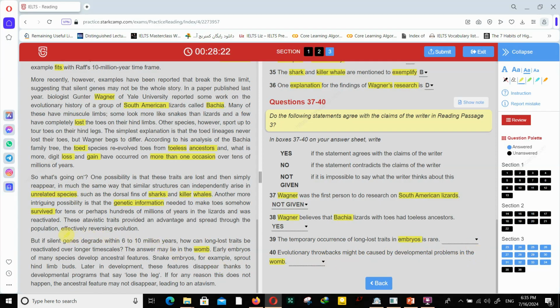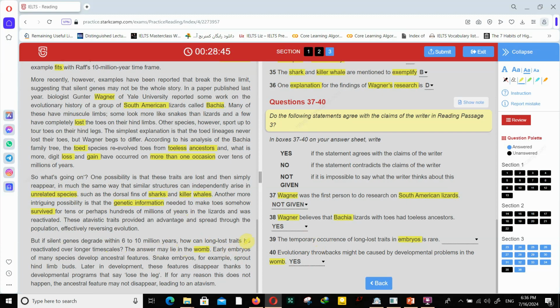And here it says that if silent genes degrade within 6 to 10 million years, how can long-lasting traits be reactivated over longer time scales? The answer may lie in the womb. So here it says this one, yes, exactly the same statement.